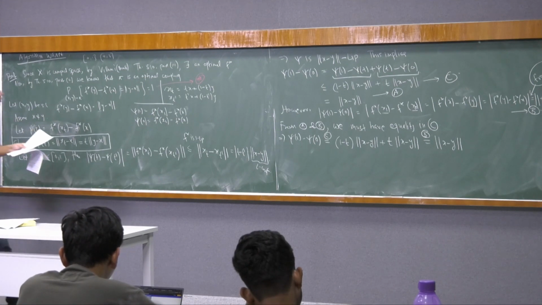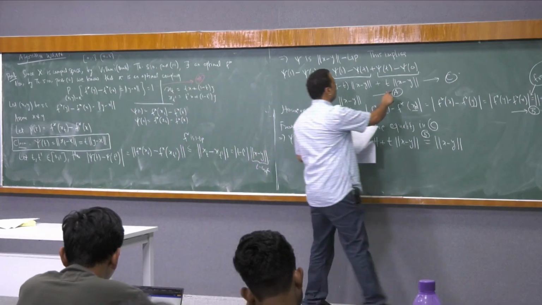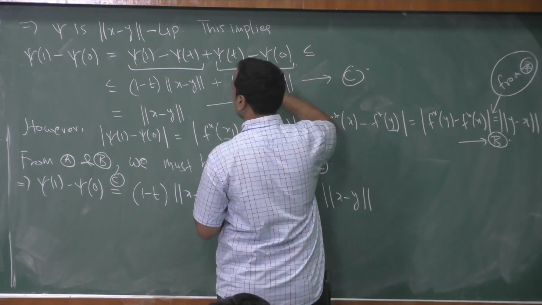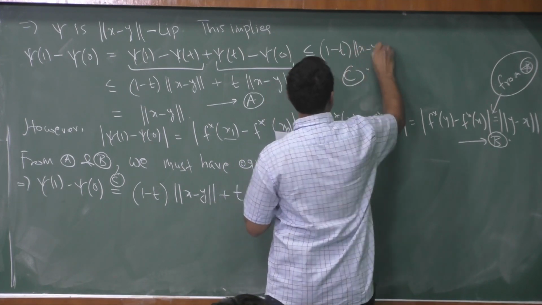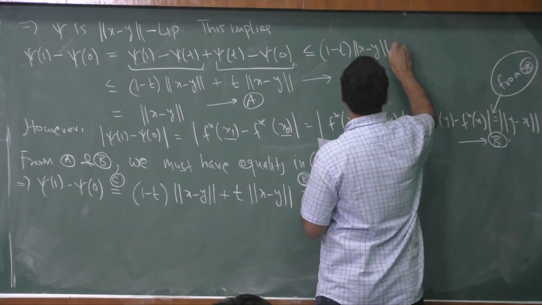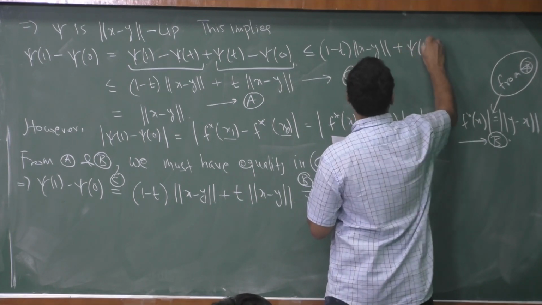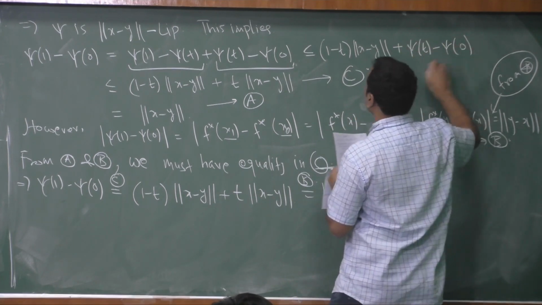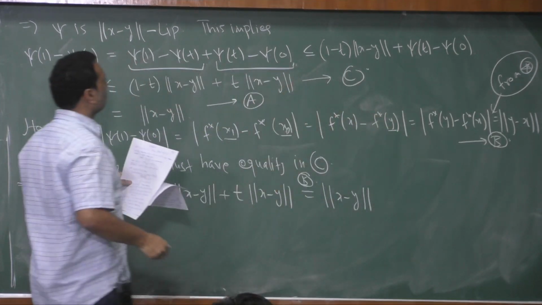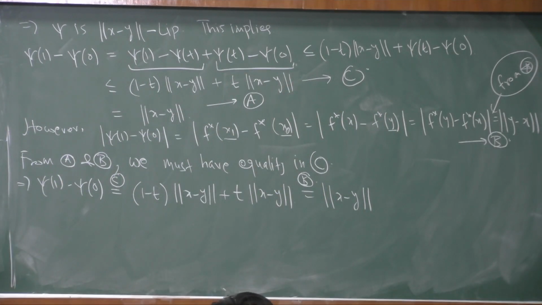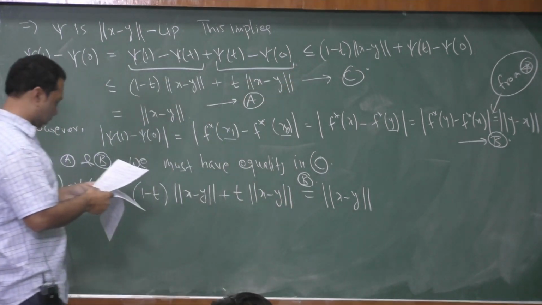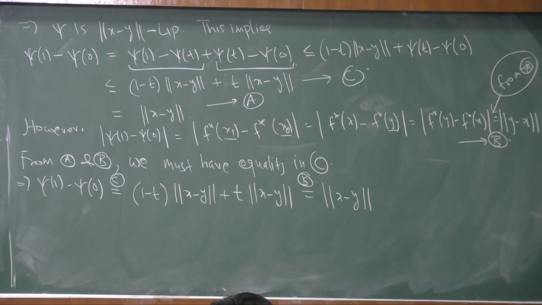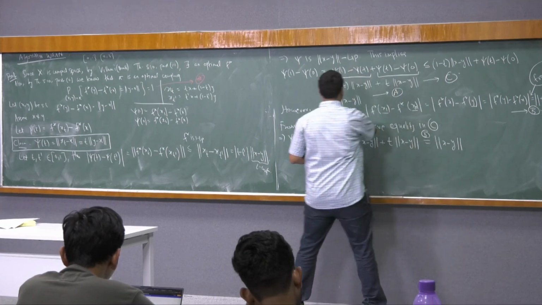There is one step that we could have waited for, like this. I wrote this in my notes, but then I thought, what was the goal of that? But now it seems that I keep this psi t minus psi 0. That's an inequality, but these two inequalities are forced to be equality. If that is the case, then psi 1 minus psi 0, this one must be equal to this.